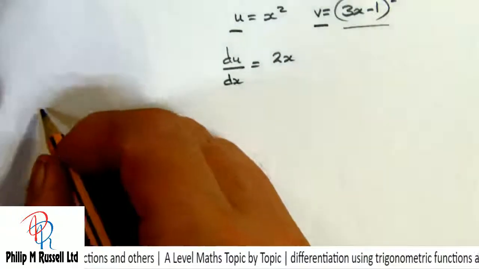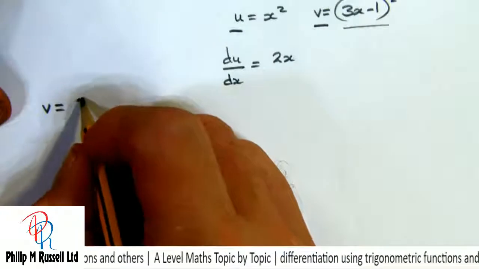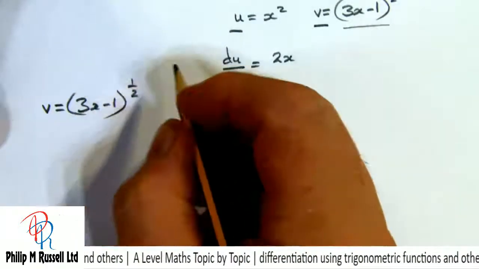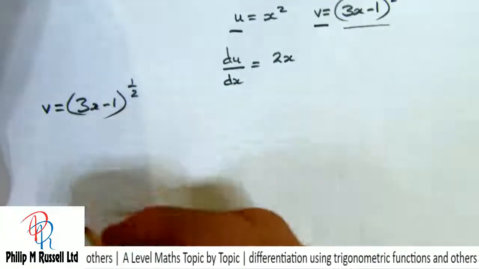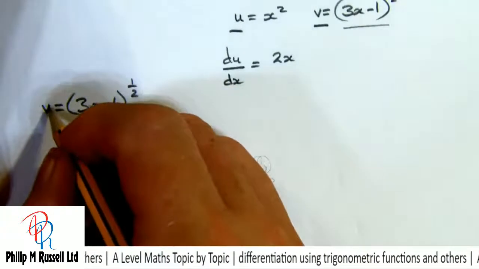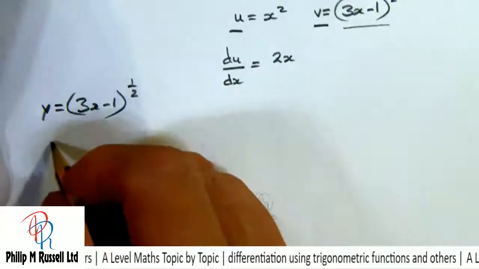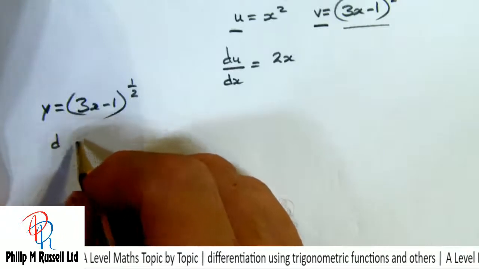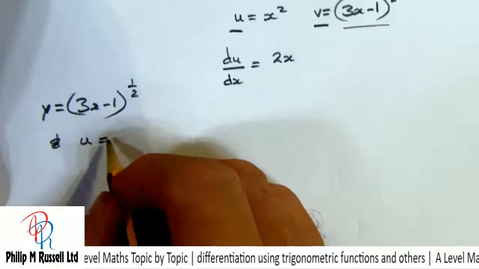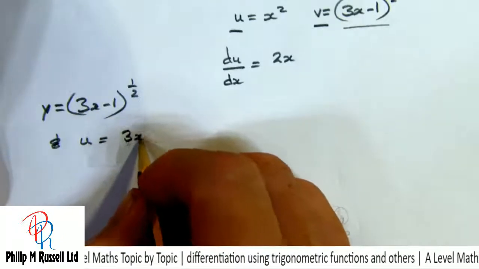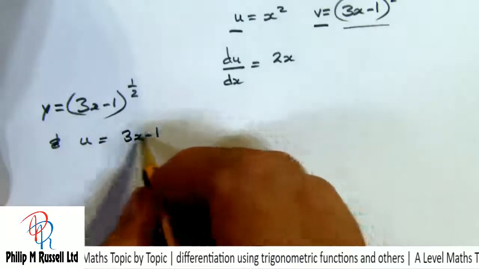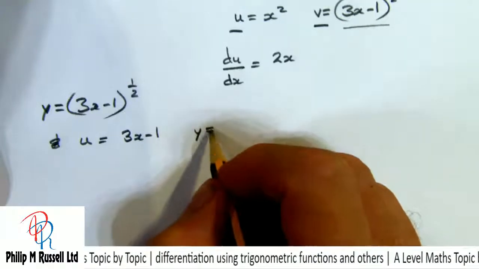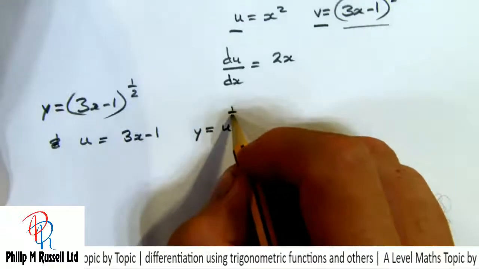So I've got here v equals 3x minus 1 to the half. Let's separate this. I'm going to call this y to make life easier. I'm going to say that u is going to equal 3x minus 1, and I'm going to set y equal to u to the power of a half.